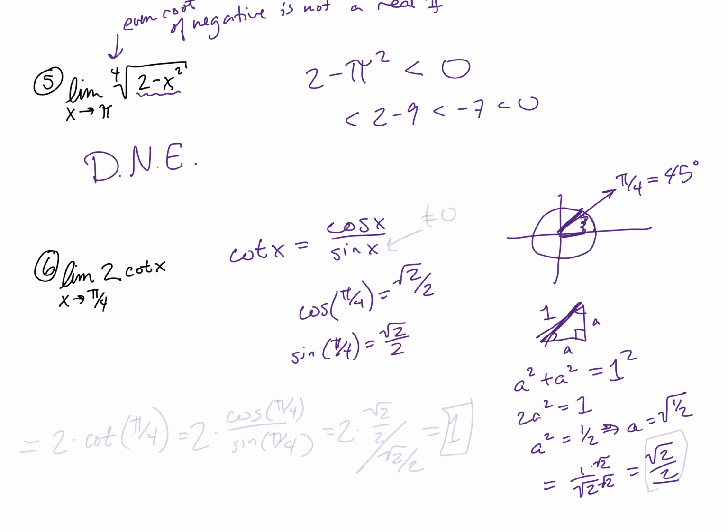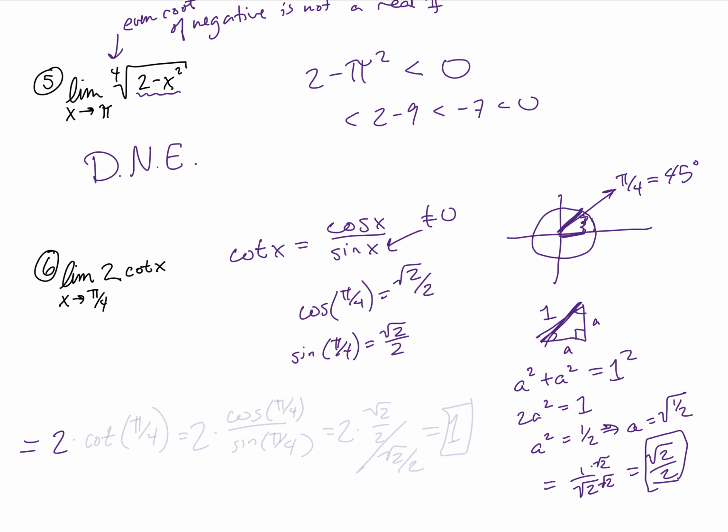So both of them are square root of 2 over 2 divided by 1. First of all, the denominator here is not equal to 0 when x equals pi over 4. So that means this limit does exist.